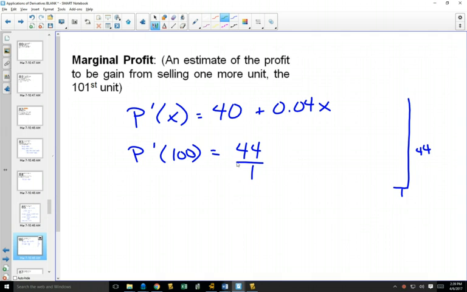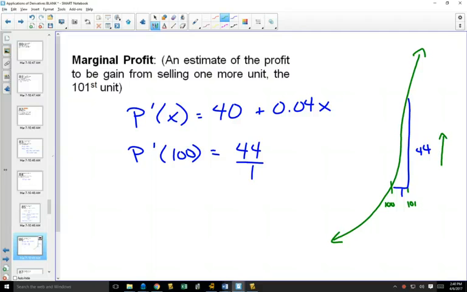And so if we had some function and we had a run of 1 and a rise of 44, can you see how that's saying if you moved over from 100 to 101, you'd have to go 1 to the right. And how much are we going up then as an estimate? We're going up 44.